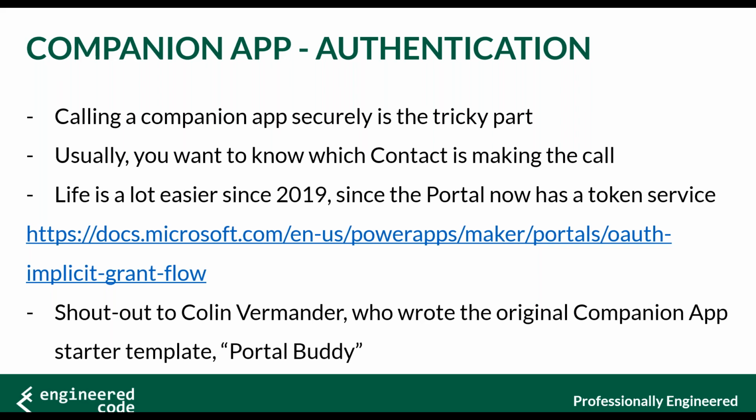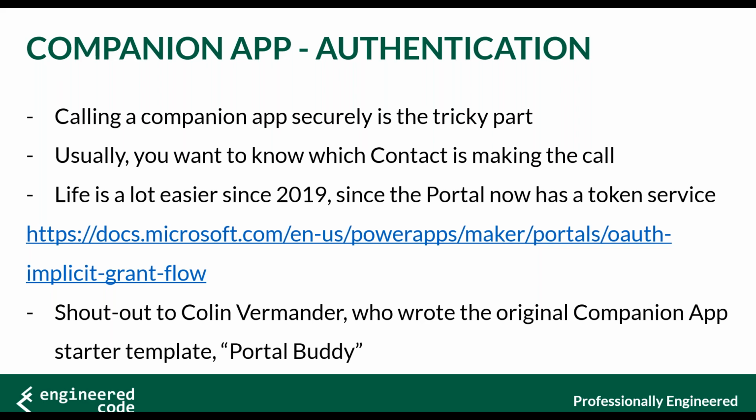In 2019, Microsoft put out the OAuth implicit grant flow support, which, long story short, means the portal itself will now issue you a token. That token can then be passed to your companion app.